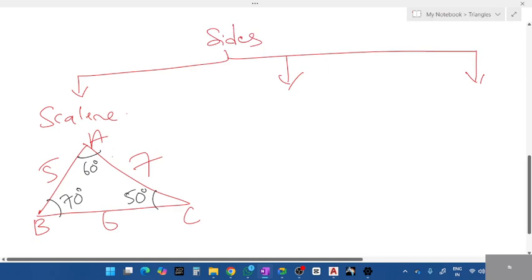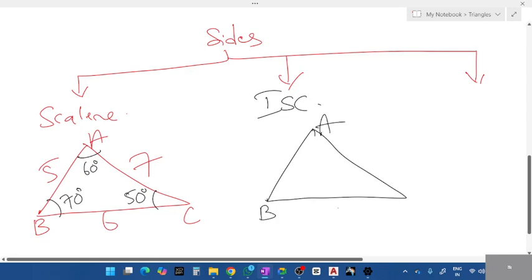What is a scalene triangle? All three angles will be different and all three sides also will be different. Next, isosceles triangle. What is an isosceles triangle? Any two sides equal. In order to identify an isosceles triangle, they'll mark the sides like this. Tell me which two sides are equal. AB is equal to AC.